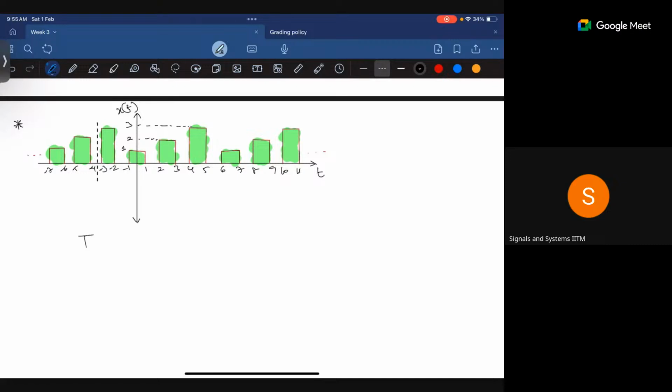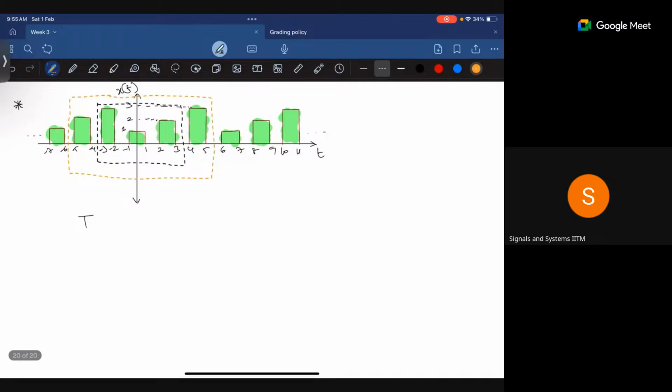So if you consider minus 3.5 to 3.5, okay, and the next time you consider this thing, your integrals or the components of the signal will not be consistent.